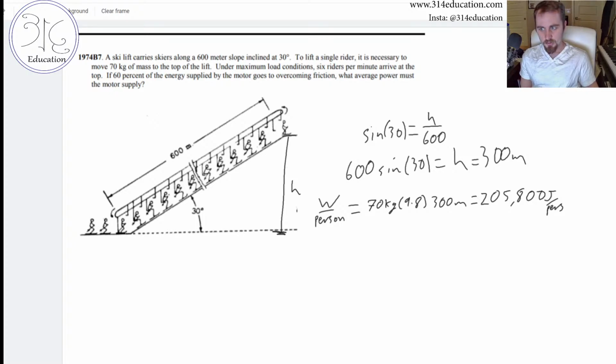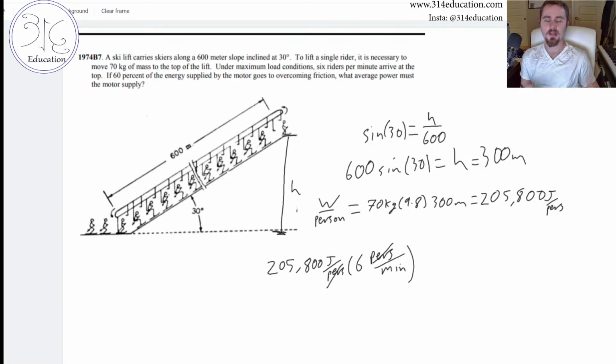So we then need 6 people per minute. So we want to multiply this. This is joules per person times 6 persons per minute.